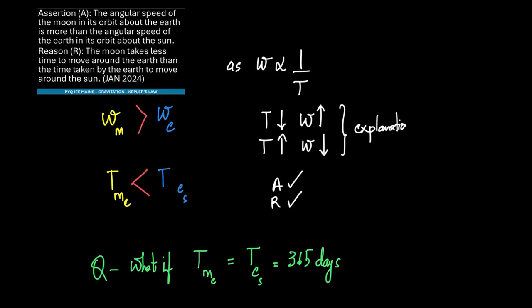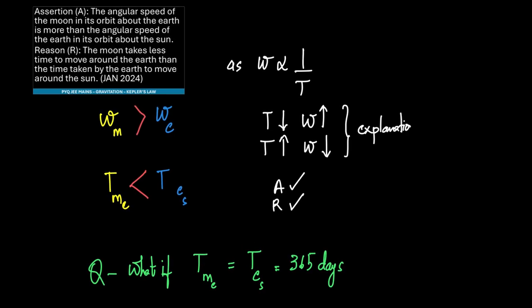Now if we compare these two statements together, so omega of moon is greater than omega of earth, and time period of moon around earth is less than time period of earth around sun, right? Now since omega is proportional to 1 by T, if time period is low, omega will be high. If time period is high, omega will be low, right?